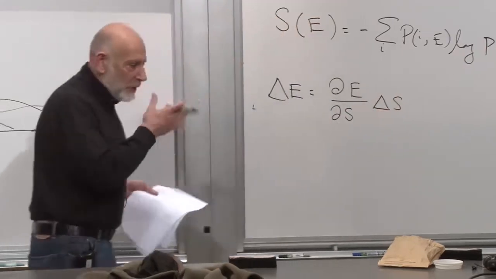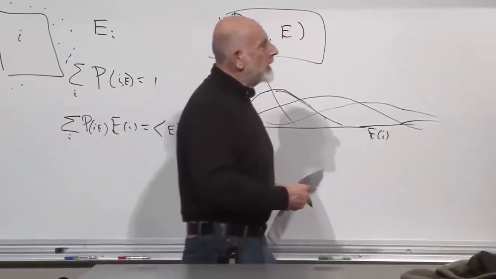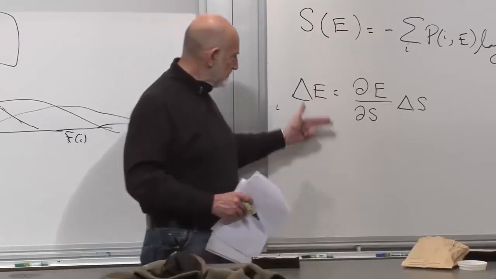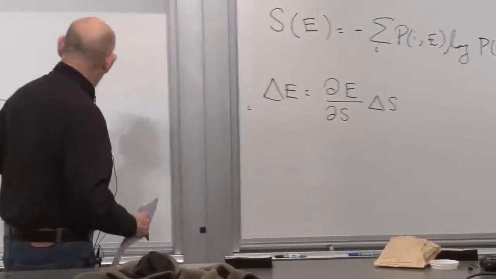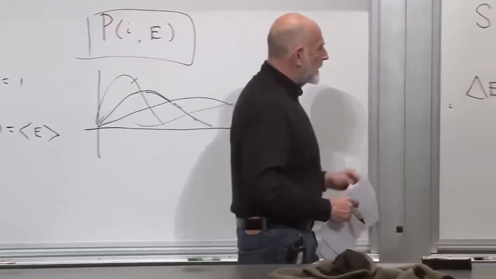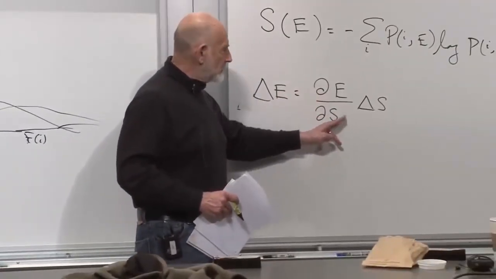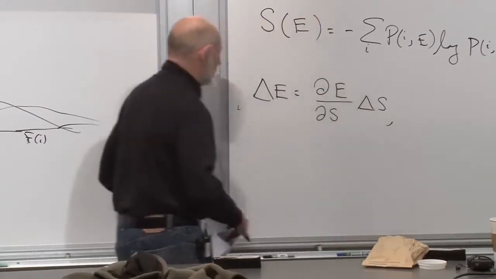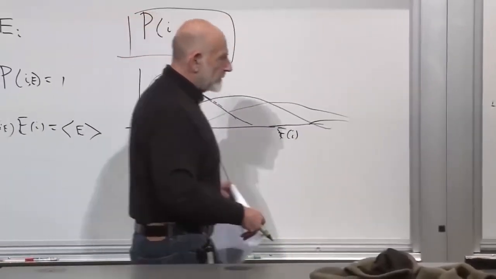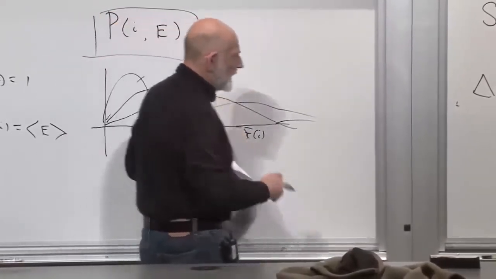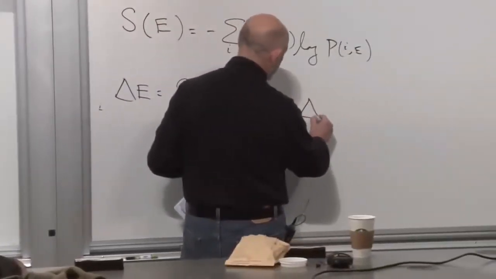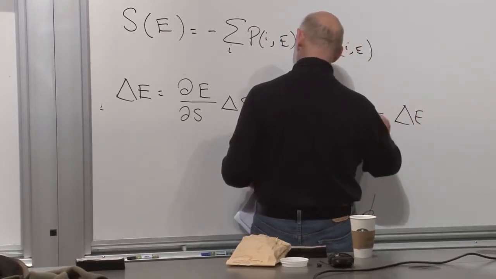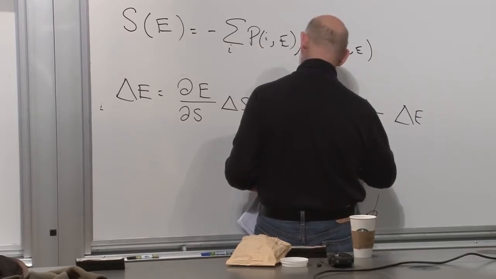This is an identity. This is assuming nothing more than that things are smooth functions that can be differentiated. The change in the energy in going from one probability distribution to the next is the derivative of the energy with respect to the entropy times the change in the entropy. It might have made a little more sense if I had written it the alternate way, that in going from one distribution to the next, the change in the entropy is equal to the change in the energy divided by dE by dS.